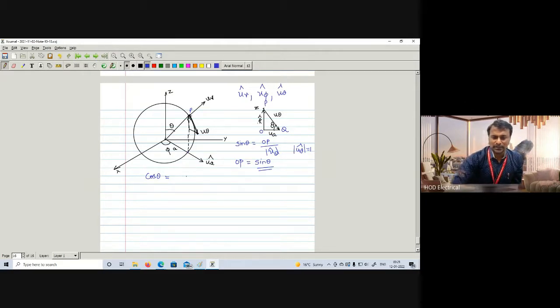From this we know that cos theta can be written as u_a divided by the magnitude of u theta. What is u_a? It is OQ, so OQ divided by the magnitude of u theta, which we already know is 1. Therefore, the magnitude of OQ is nothing but cos theta.